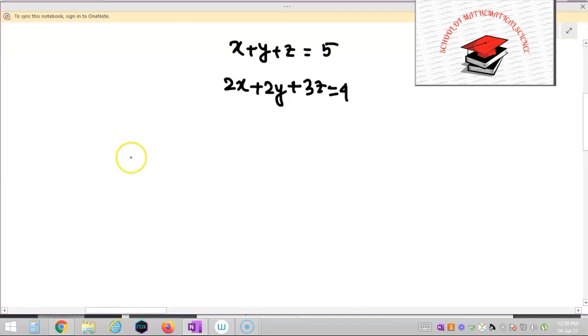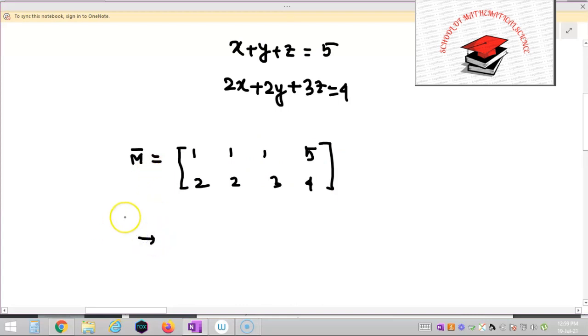So I am considering the augmented matrix M bar, that will be 1 1 1 5, 2 2 3 4, and I am going to use elementary row operations to find the row reduced equivalent matrix, so that I will get the rank of M bar. I am subtracting twice the first row from the second row.